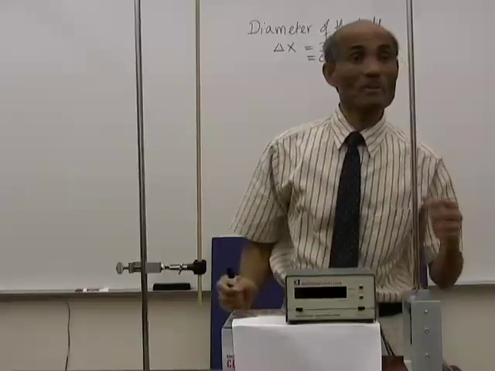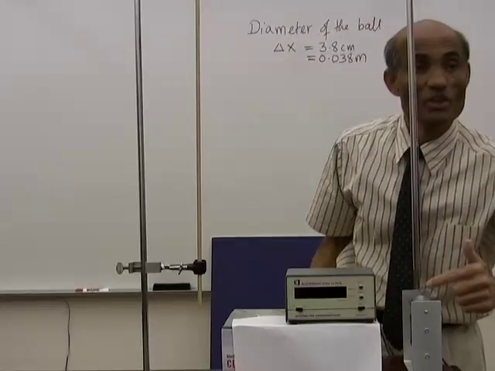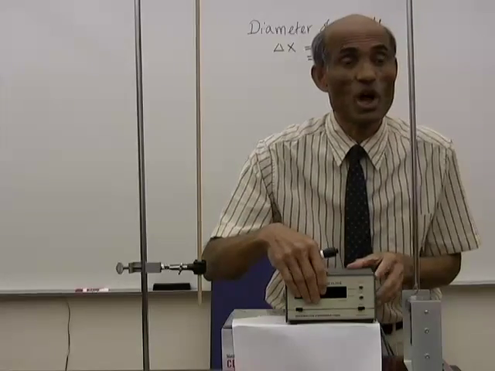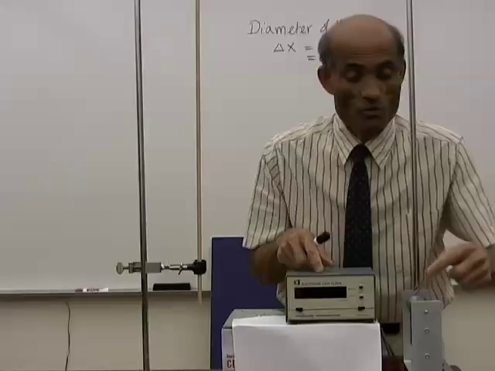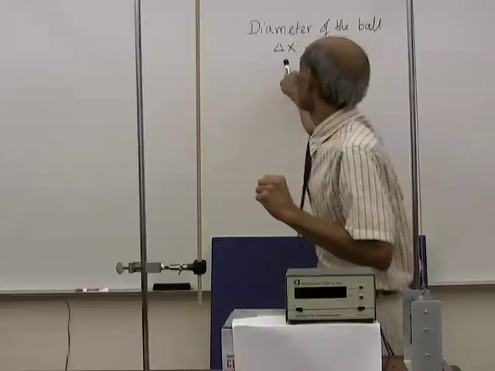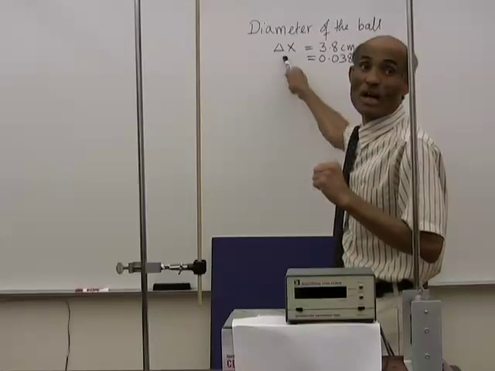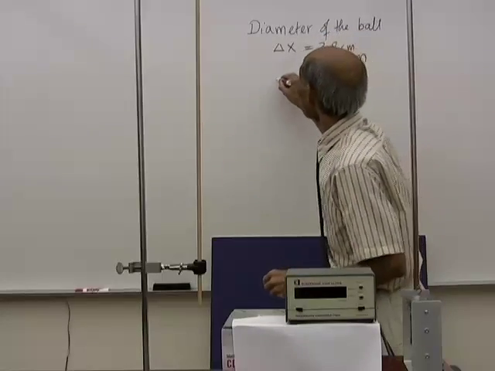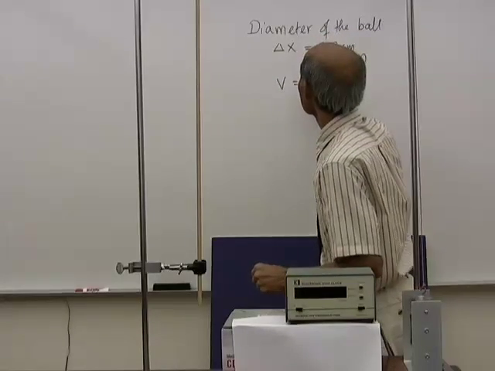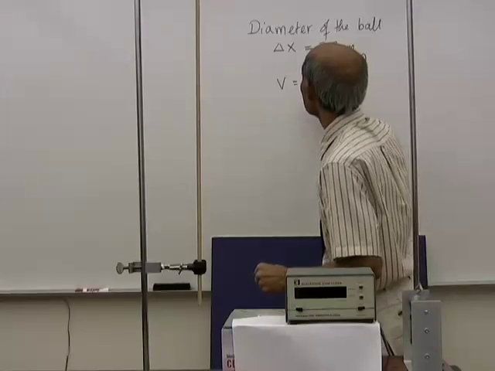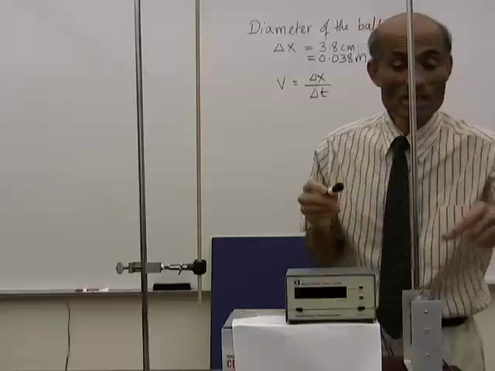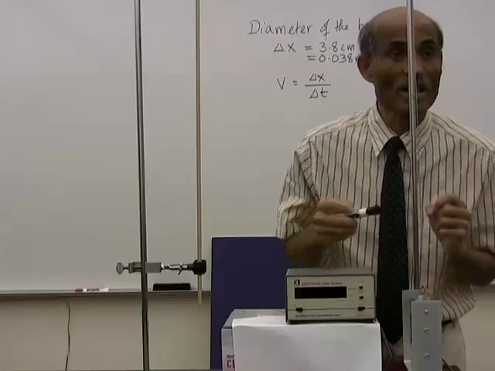And the time during which the ball blocks the light will be measured by this clock. Once you have delta x, that will not change, and measure delta t from the clock, the velocity will therefore be delta x divided by delta t. And that will give you the instantaneous velocity there.